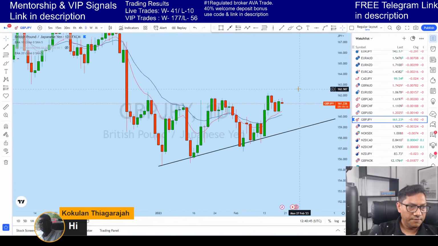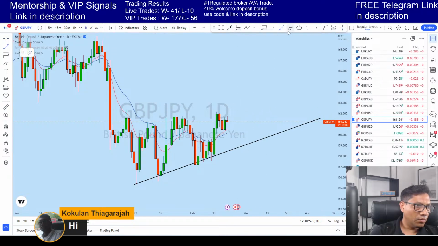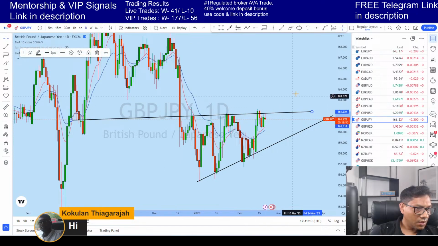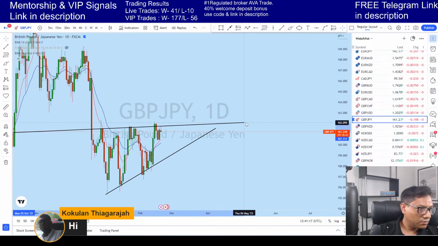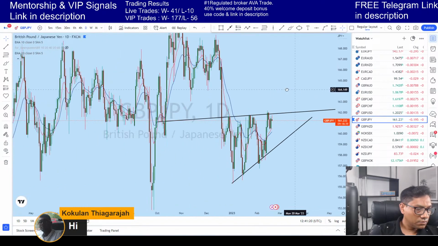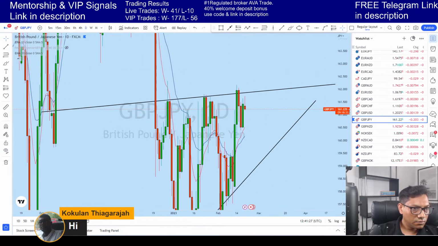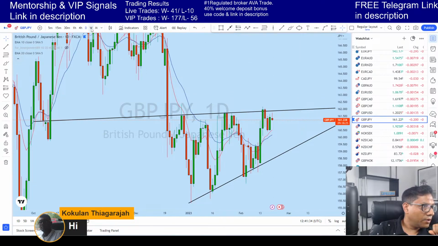If we look at the daily, with respect to the weekly, what I see is that the price was moving on GBP along this resistance line. Along this resistance line GJ is moving.